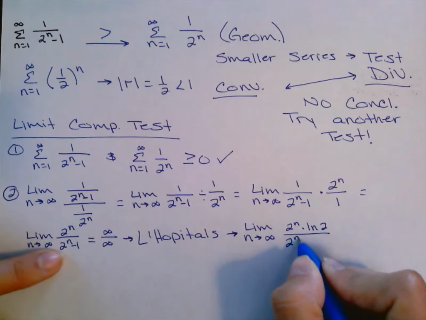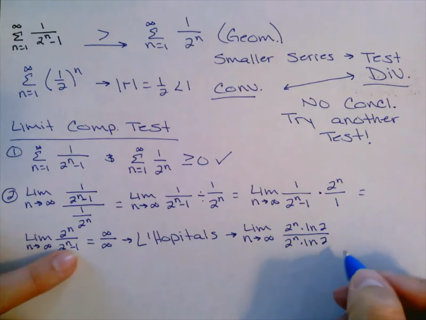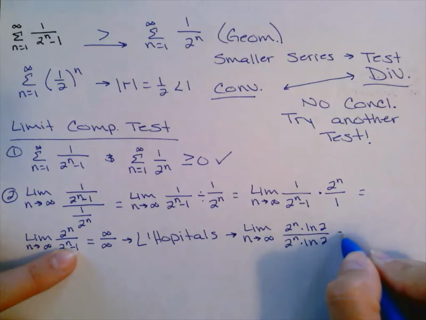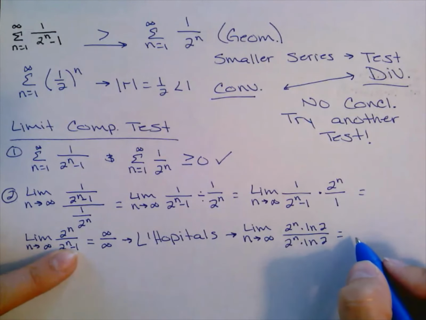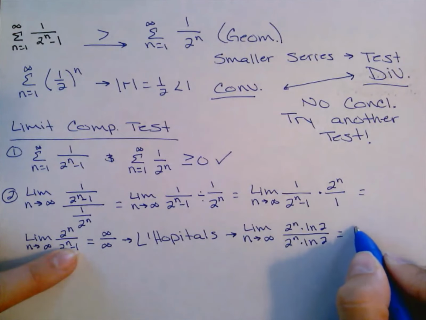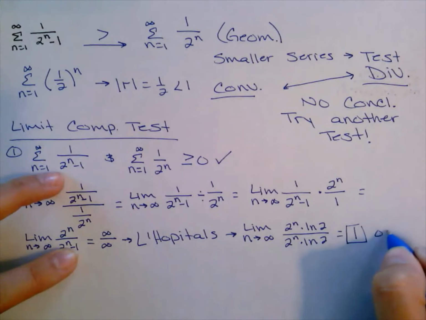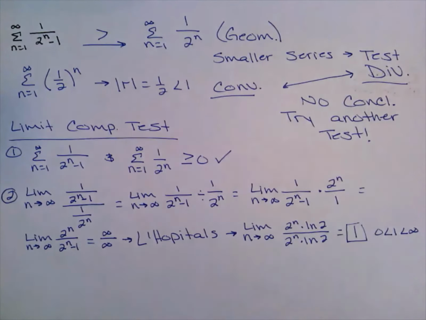Same for the bottom. And derivative of that minus 1 is 0. These cancel out, and I'm left with the limit as n approaches infinity of 1, which is just 1 because they reduce, right? So because 1 is a number between 0 and infinity, I can test for either, right?